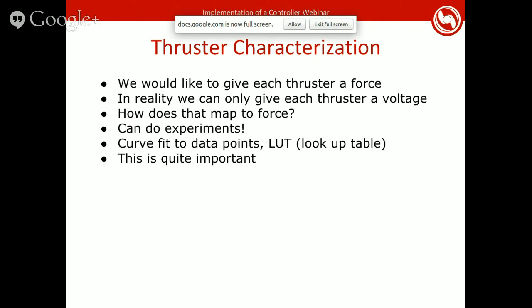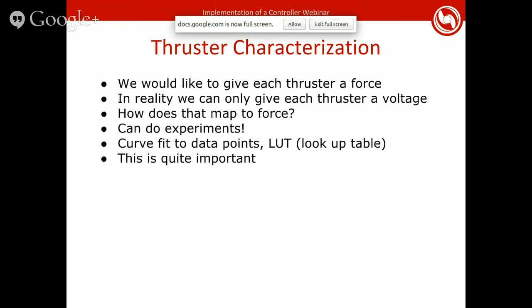What we usually do is curve fit to these data points. You can say, okay, from this thruster at 0, 10, 20, 30, 40, and so on, PWM, see how much force it's imparting, and then make some kind of model or a lookup table. So when you want to calculate the force for a given PWM, or the reverse, you can look up what happened in your experiment and say, okay, this is what the force is going to be.